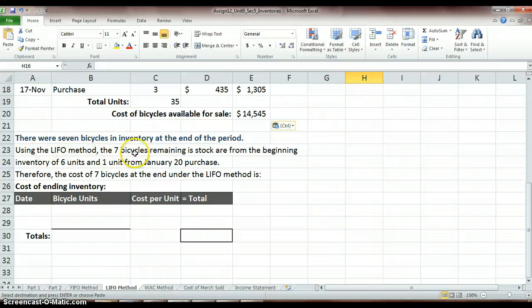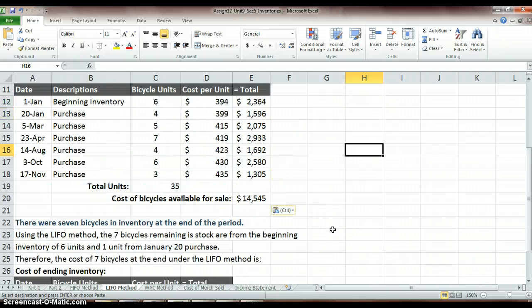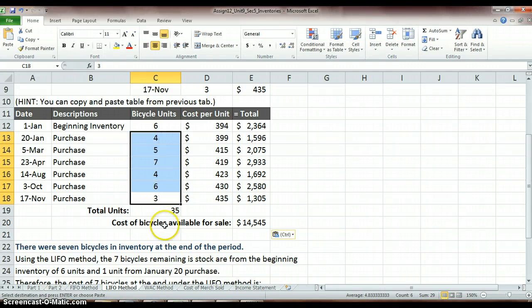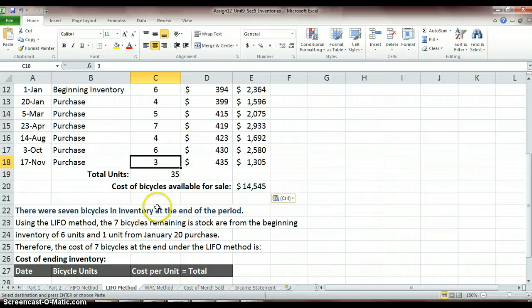So using the LIFO method, the 7 bikes remaining in stock are from the beginning inventory of the 6 units and 1 unit from our January 20th purchase. So therefore, the cost of the 7 bicycles is what we need to figure out. So now of the 28 bikes that we sold off, all of these first and part of our January 20th purchase. That's how the last in, first out method works.